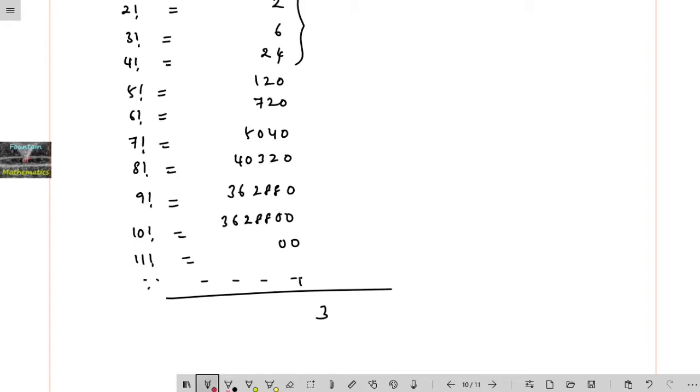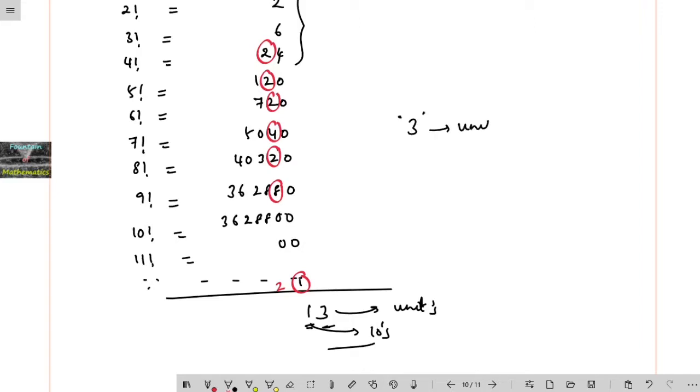Let me round up. So here 1, 8, 9, 9 plus 2, 11, 11 plus 4, 15, 15 plus 2, 17, 17 plus 2, 19, 19 plus 2, 21. So 2 here and 1 will be here. So this is the unit digit and this is the tens place. So unit digit is 3 and tens place is 1. So that is the answer.